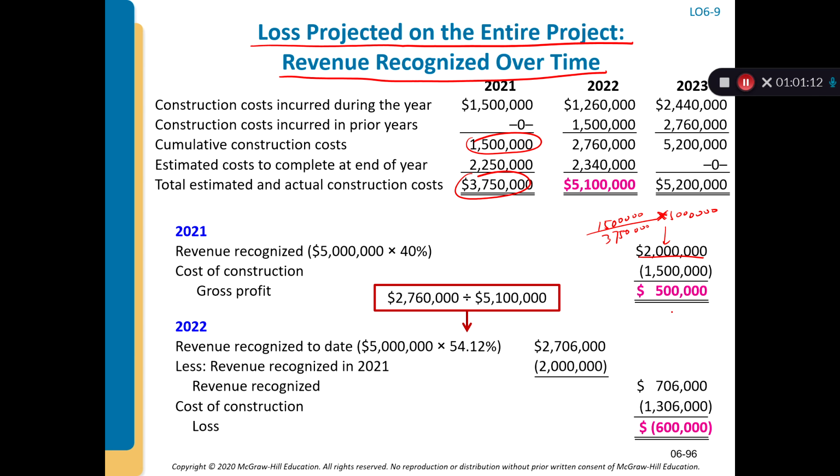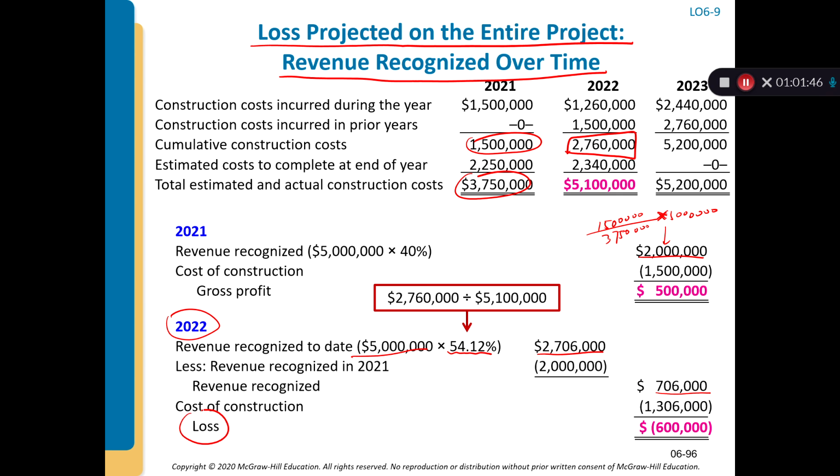And in the second year, you say that your actual total cost to date is 2.75 million, and dividing by the estimate of 5.1 million, you have completed 54%, and then multiplying by 5 million, you get that the revenue recognition to date is 2.706 million, and minus the revenue recognized of 2 million, you know that the revenue recognized for the current period should be 706.